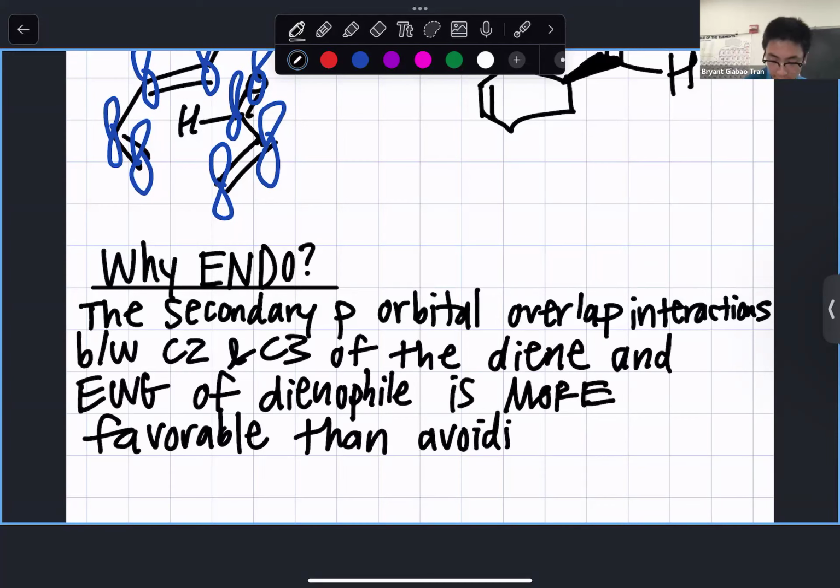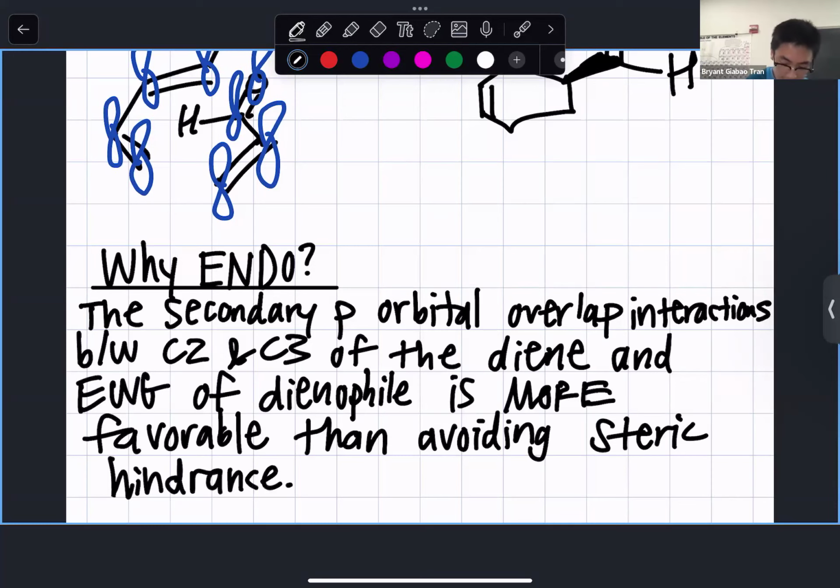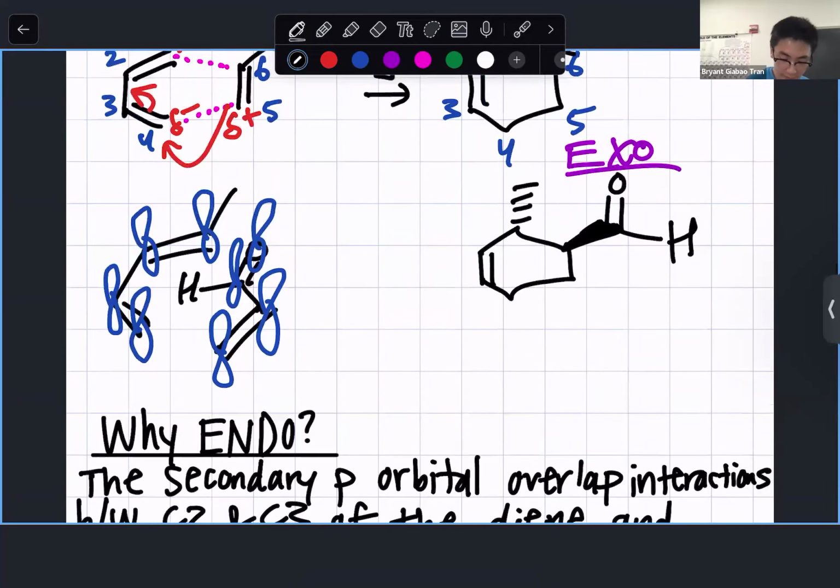So this overpowers the steric hindrance factor. More resonance, more stable. Resonance or p-orbital overlap overpowers the steric hindrance factor.